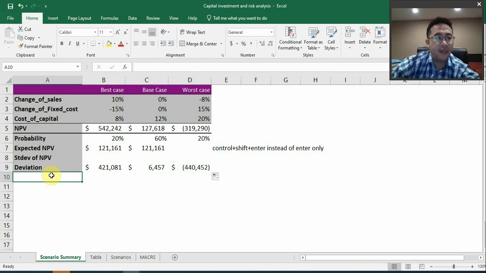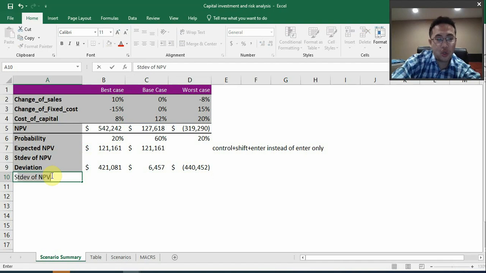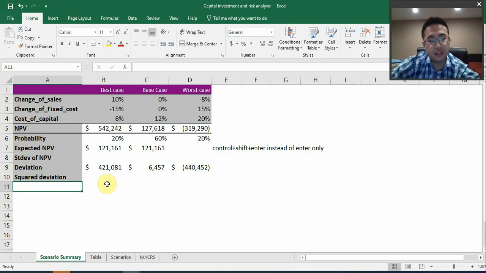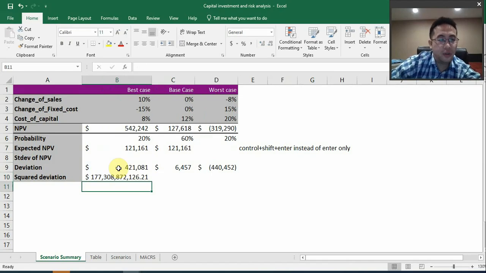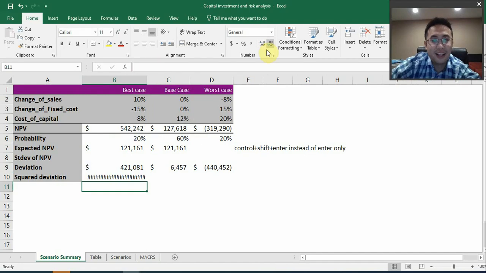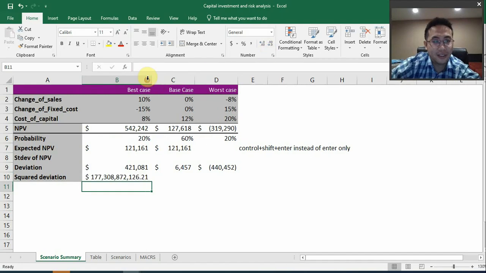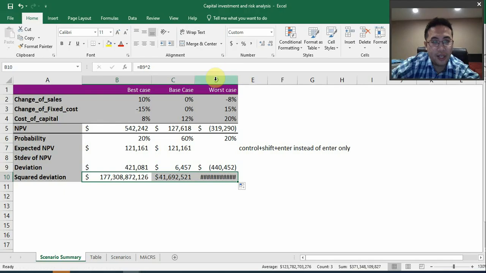All right, and then the next one is called a squared deviation. So you're gonna take the square of it. Okay, exponent is 2, and that's gonna be a lot of numbers. Oh, sorry, wrong cell. And then you're gonna drag it all the way.